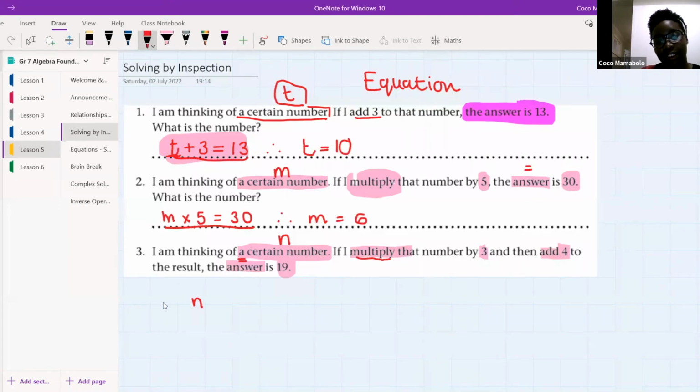Okay, so N times by 3. Good, times by 3, and then it says we add 4. So how would I write that? Plus 4. Excellent.